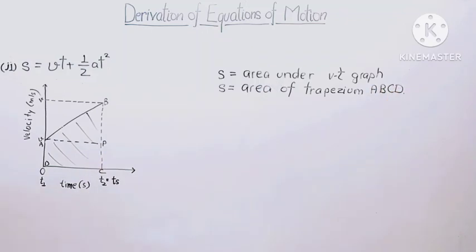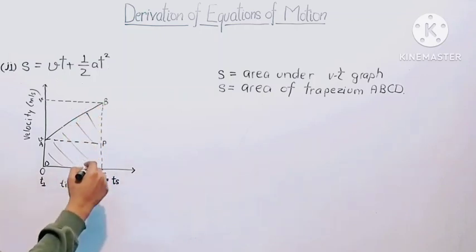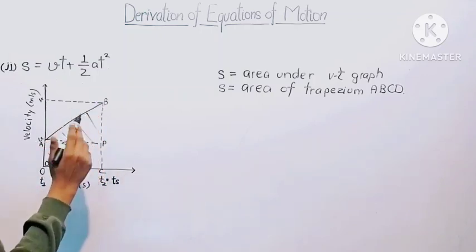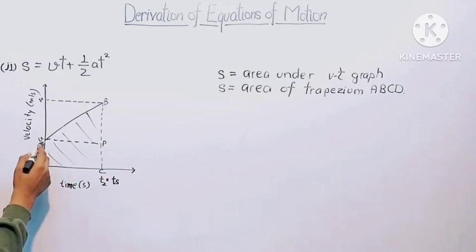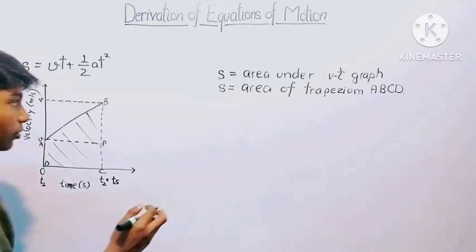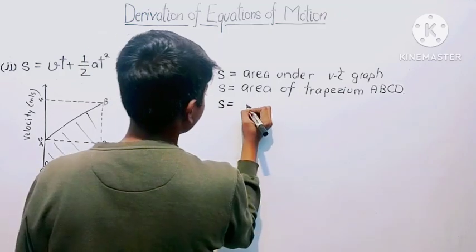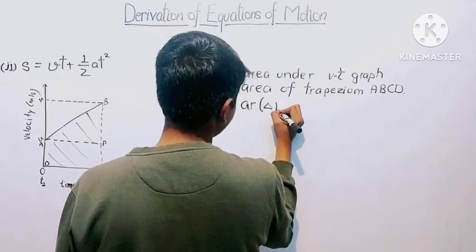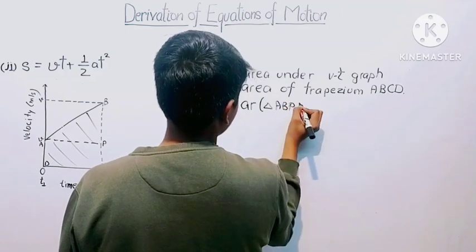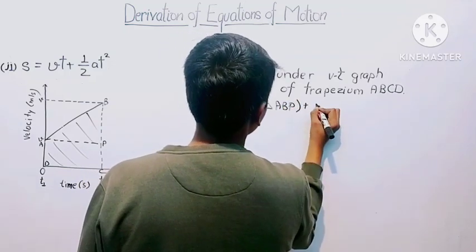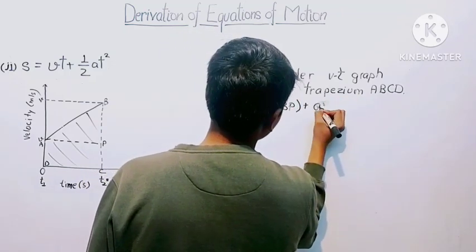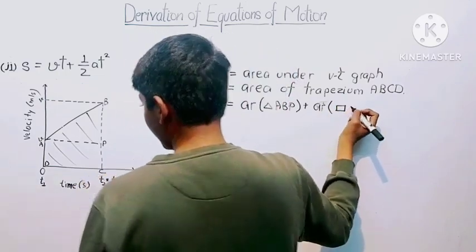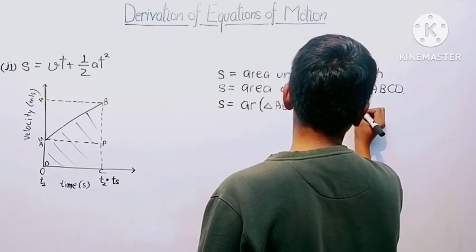So the area of the trapezium ABCD would be equal to the area of triangle ABP plus the area of the rectangle APCD. So S would be equal to area of triangle ABP plus the area of rectangle APCD.